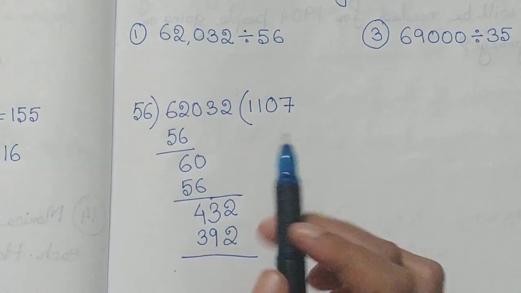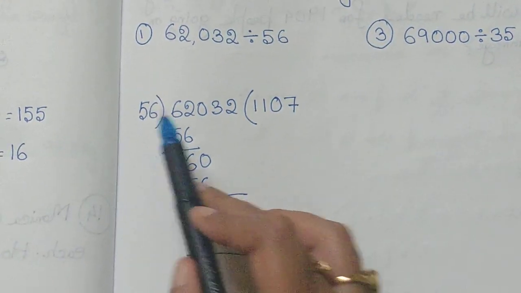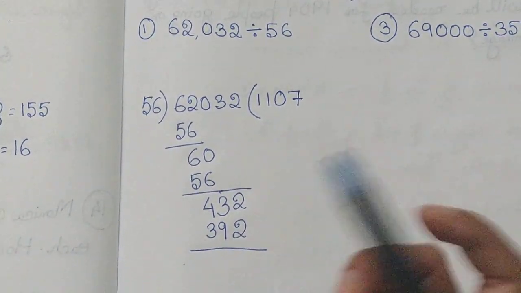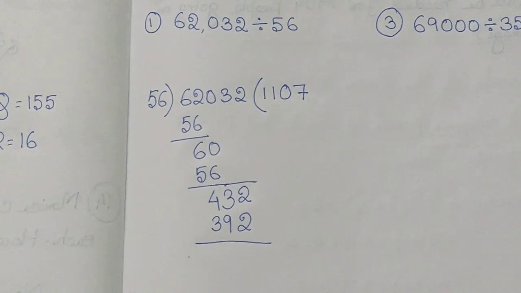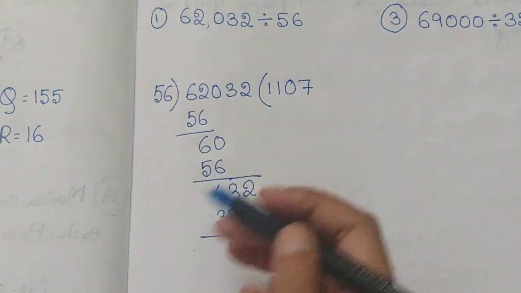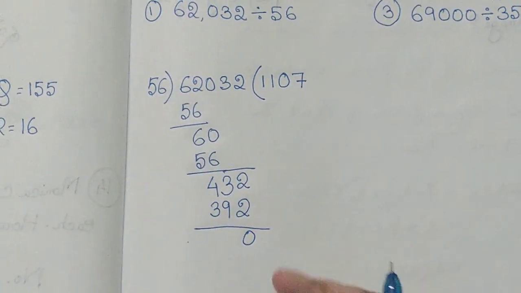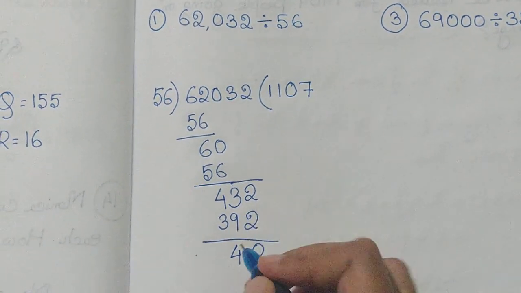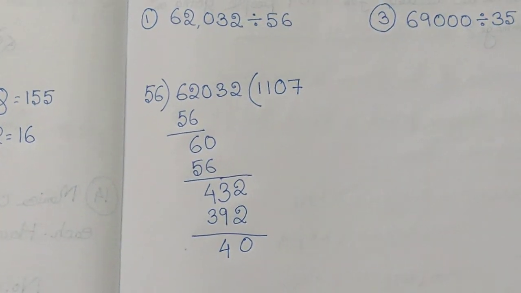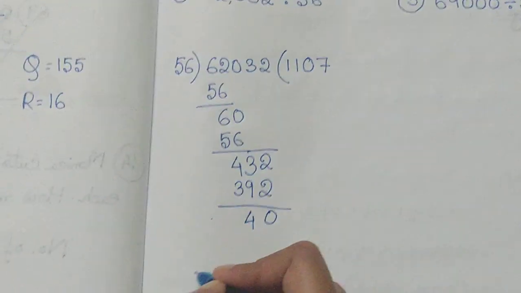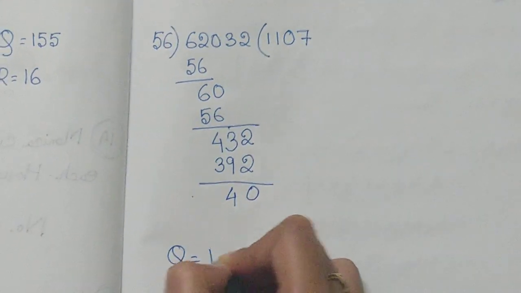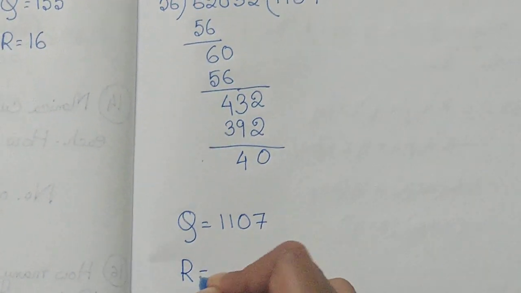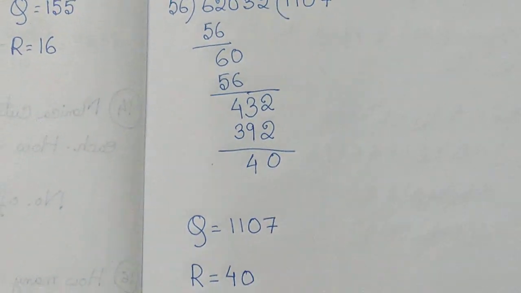Because if you divide it by 8, then 6 eights are 48, 4 in hand, 5 eights are 40, it would have become more than 432. So we are doing it by 7. So 0. 13 minus 9, 4, and that is 0. So quotient is 1107. Remainder is 40. This is your answer.